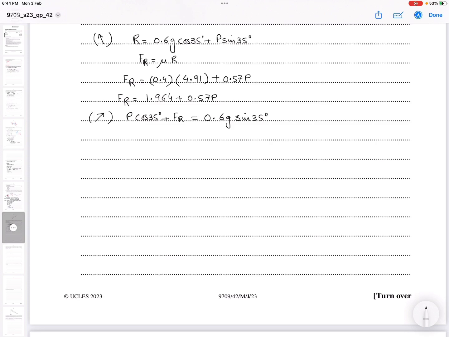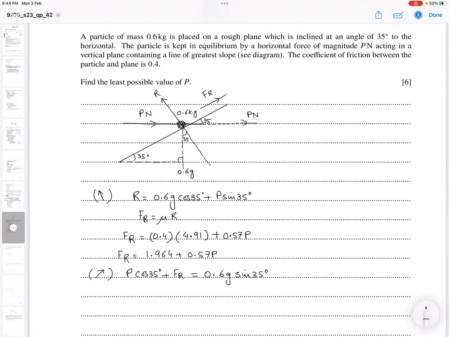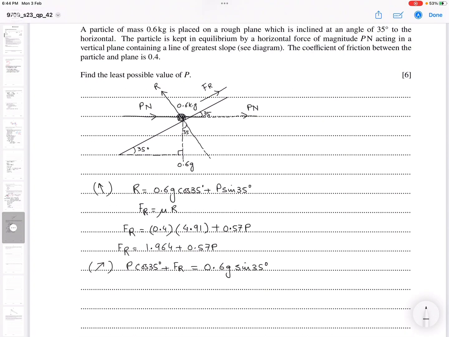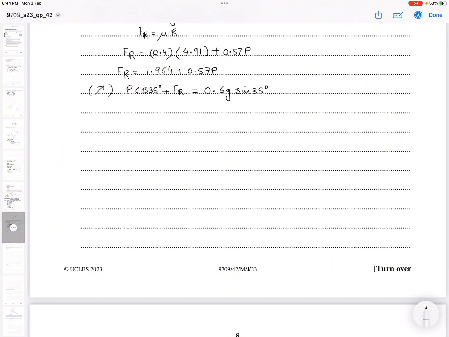That would be in the opposite direction. 0.6 g sine of 35 will go in the opposite direction. So from here, P cos 35 plus my Fr is actually from this value. This is my Fr.